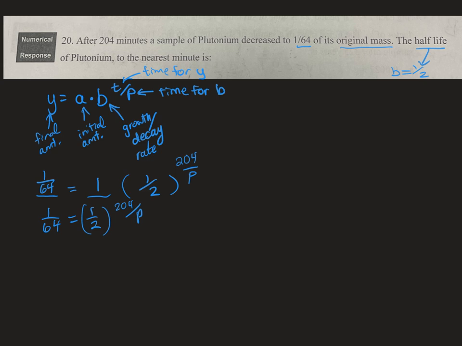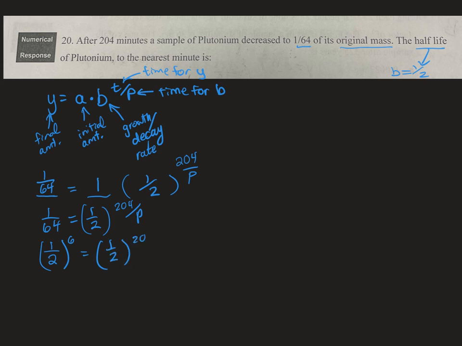If I write 1/64 as 1/2 to some exponent, then our bases would be the same. So you just got to connect 64 and 2, because 1 to any exponent will still be 1. 2 to the 6 is equal to 64, so therefore 1/2 to the 6 will equal 1/64.